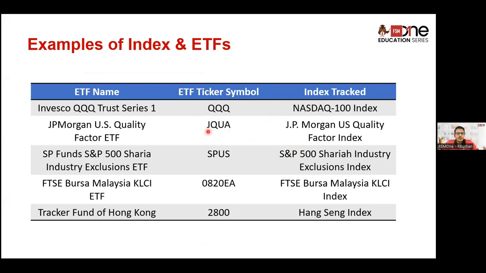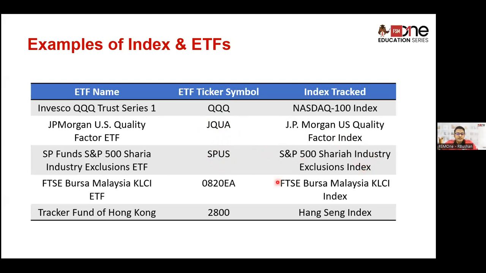For example, this particular ETF, the JQUA, the JP Morgan US Quality, has a particular index that it tracks. And then we have Sharia related indexes, which are very specific to Sharia related companies. So that is the ETF, and this is the index that it tracks, the S&P 500 Sharia Industry Index.